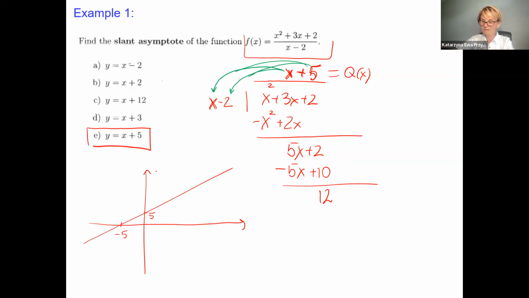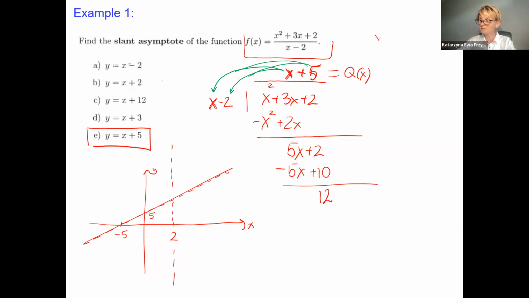Negative 5 and 5, a little bit smaller. And also what I know, what number is not in the domain of this function? Can we tell what number is not in the domain? This is just the asymptote, of course. We have 2, yes. Do you think we will have the vertical asymptote at 2?